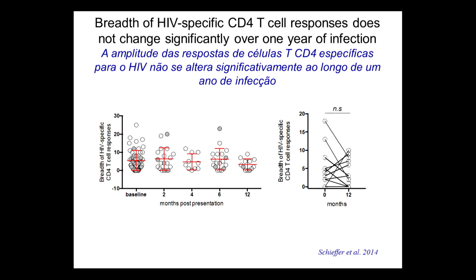It's the same pattern for the magnitude of the HIV-specific CD4 responses. They are also maintained from baseline to the chronic phase of the infection after 1 year. In the magnitude, so how strong those responses are, there's no change from acute to the chronic phase of the infection that would point to significance.